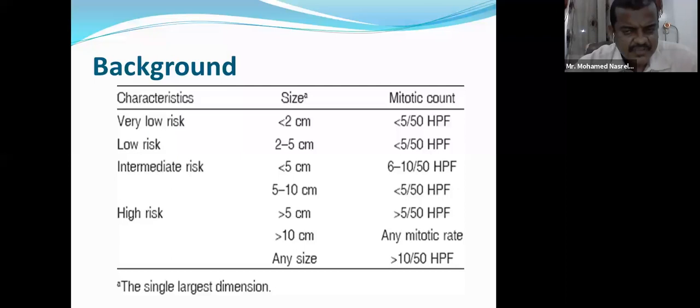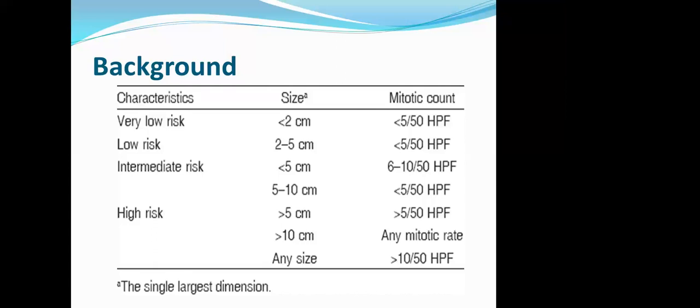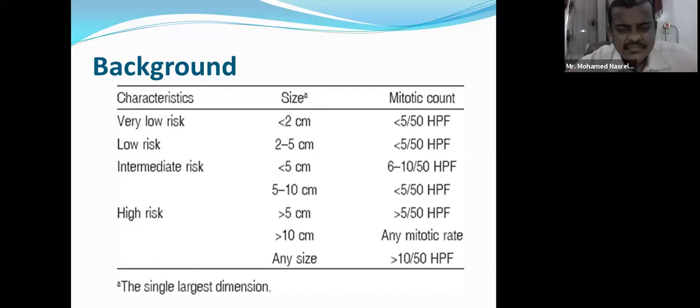Intermediate risk is less than 5 centimeters with 6 to 10/50 high power field, or 5 to 10 centimeters with mitotic count still less than 5/50 high power field. High risk is those more than 5 centimeters with more than 5/50 high power field, or more than 10 centimeters with any mitotic rate, or any size with more than 10/50 high power field mitotic count.